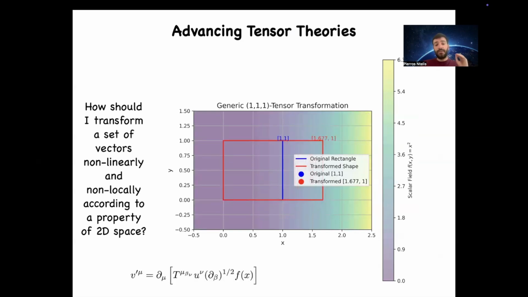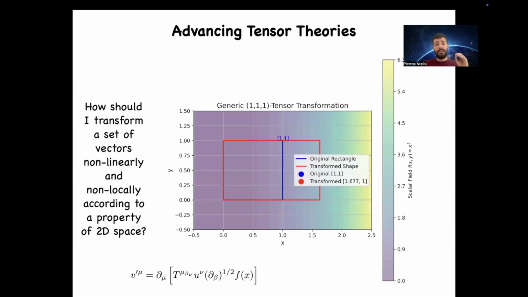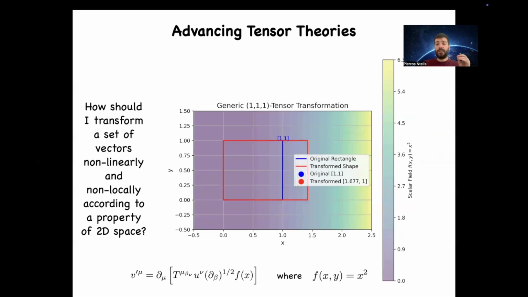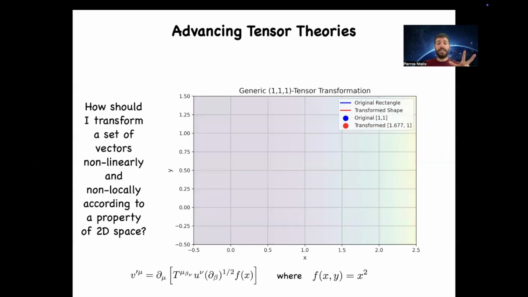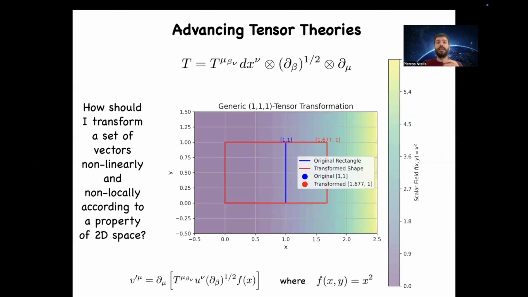So I can have this new vector v, which takes into account the T^ν_β_ν vector with some field f(x,y) equal to x squared. And this gives us this new kind of transformation, which is described by this new equation of T^ν_β_ν dx^ν tensor product partial β fractional 1/2 tensor product fractional μ.